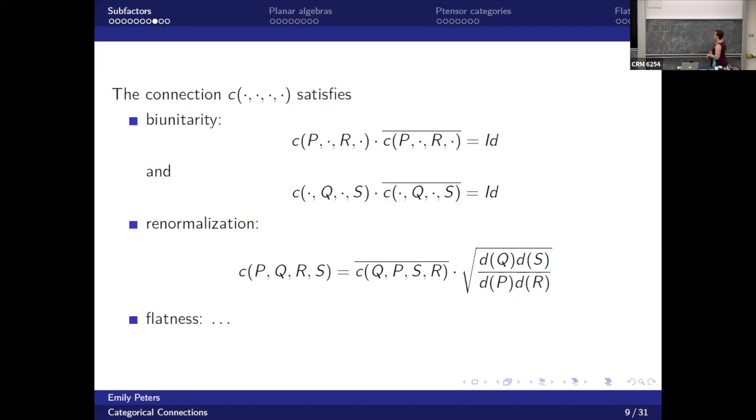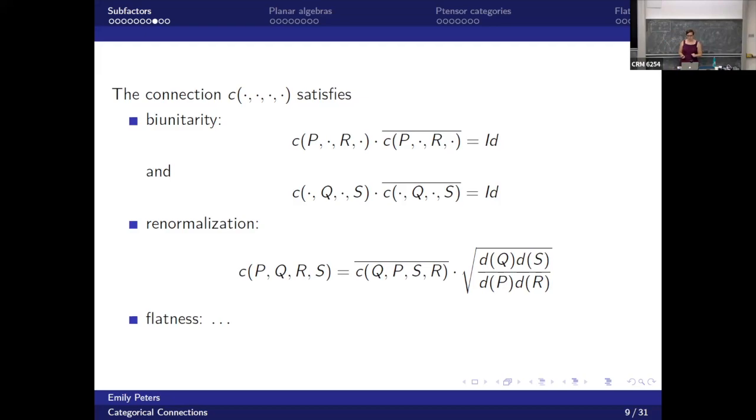If instead of starting at P and ending at R, we started at Q and ended at S, what we get should still be a change of basis matrix. So we need to have a second kind of unitarity. And this condition is called renormalization. The details of this aren't really important, but it says a similar thing about the data coming from walking around the square in one way being connected to the data where you walk around the square starting at a different point.